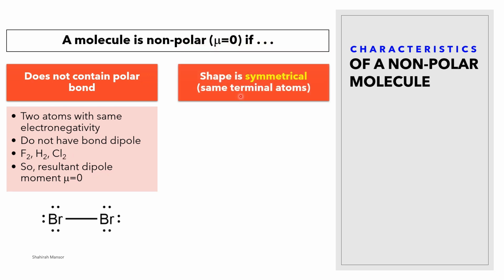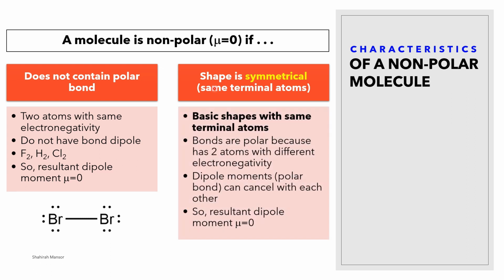And the other one is shape is symmetrical and having same terminal atoms. Apa maksudnya shape is symmetrical? This is actually refers to basic shapes ataupun basic geometry with same terminal atoms. So you have learned a few basic shapes before this, AB2, AB3, AB4, AB5 and AB6. So those are basic shapes.